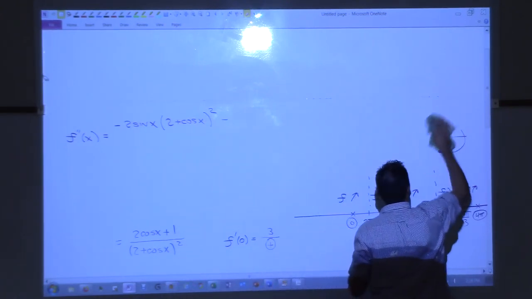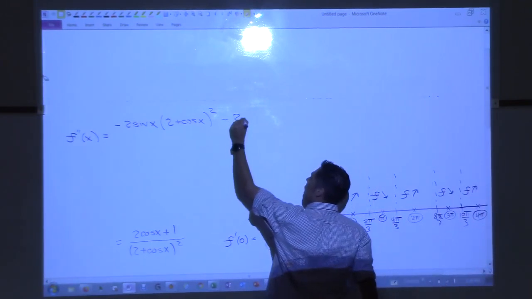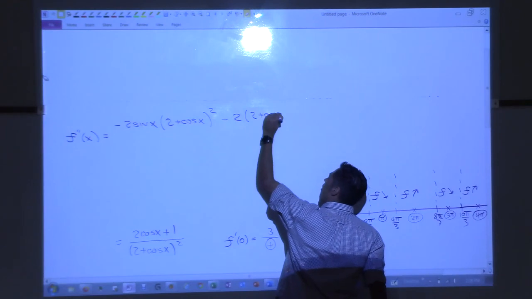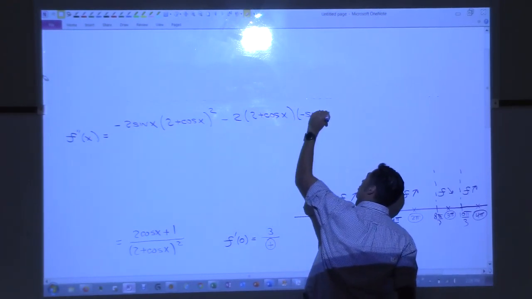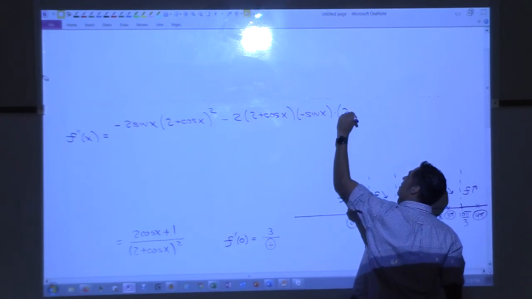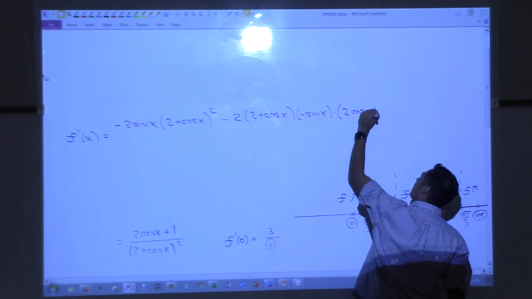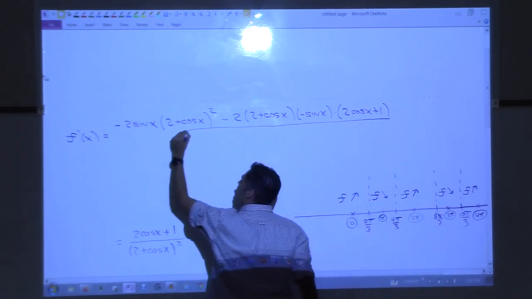Chain rule on that bottom. Derivative on the bottom: 2 times 2 plus cosine x times negative sine x, that's your chain rule, times, in parentheses, 2 cosine x plus 1. Remember, I'm the messenger?